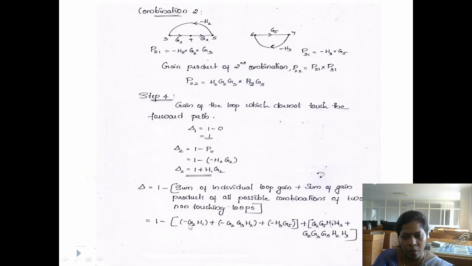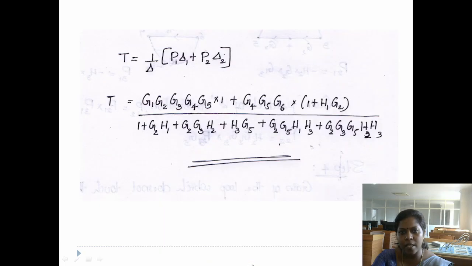Then add the sum of the two combinations. This is combination 1 of two non-touching loops and this is combination 2. Add those gain values, and then we will get the delta value.